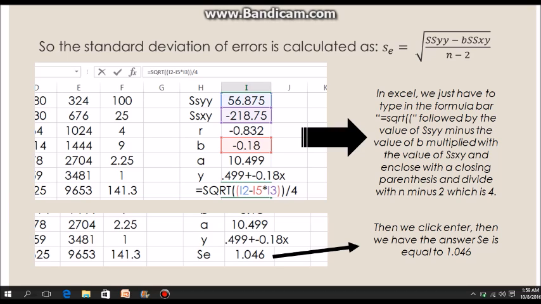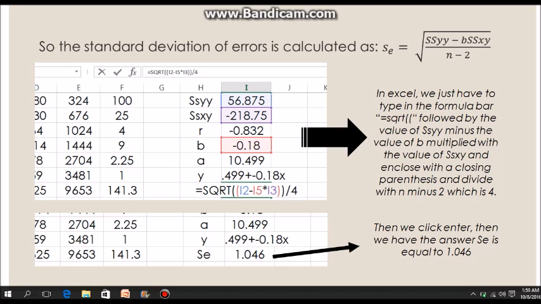So the standard deviation of errors is calculated as SE equals the square root of SSYY minus B multiplied by SSXY, divided by n minus 2.